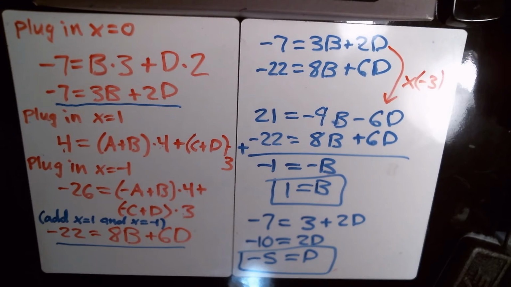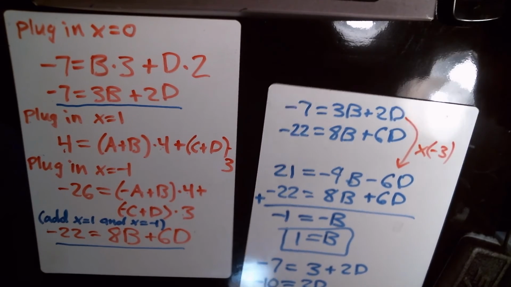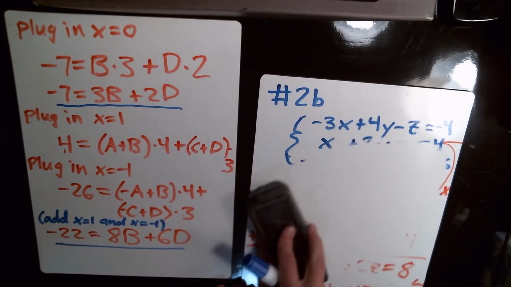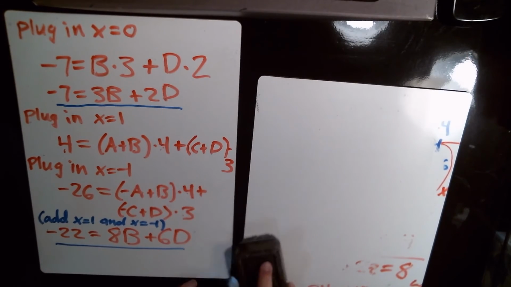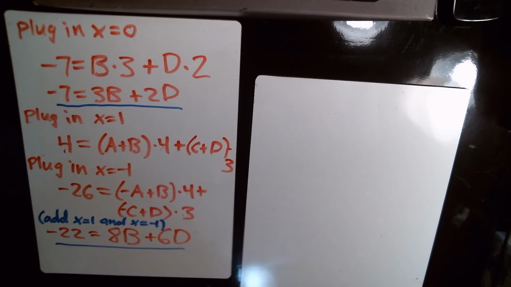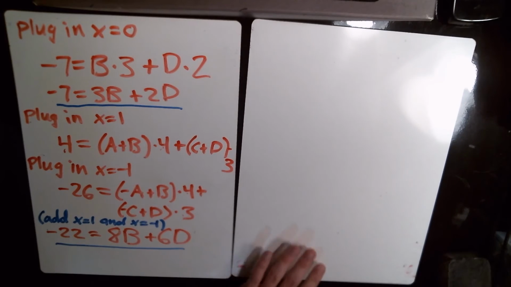D is negative 5, and I'm gonna take this away. This is almost using all my whiteboards. Be interesting. Yeah. Wow. Okay.